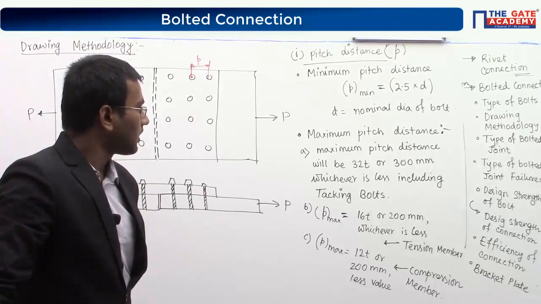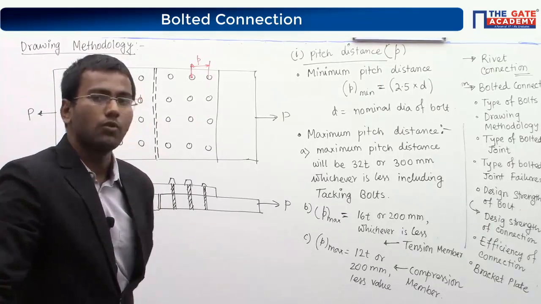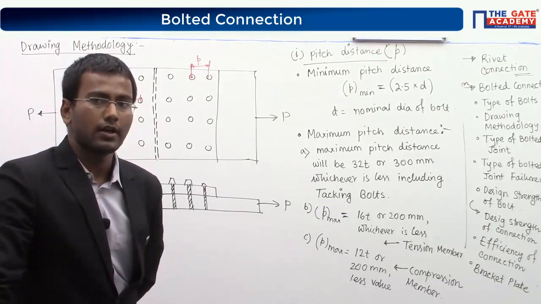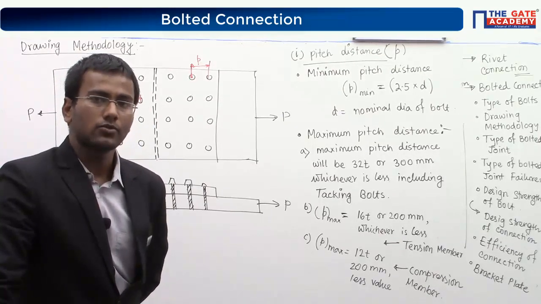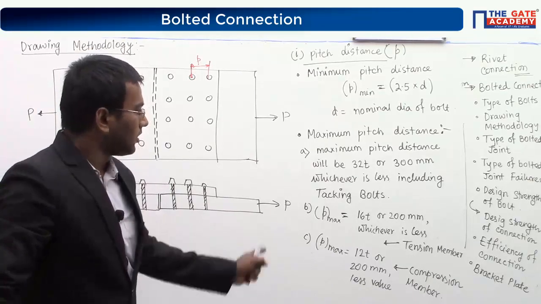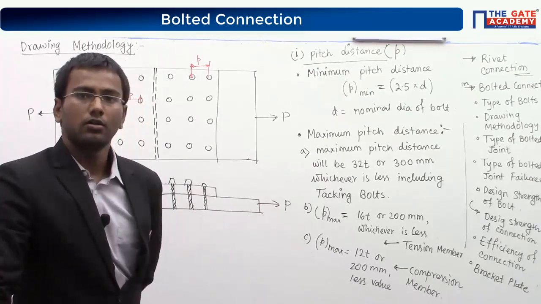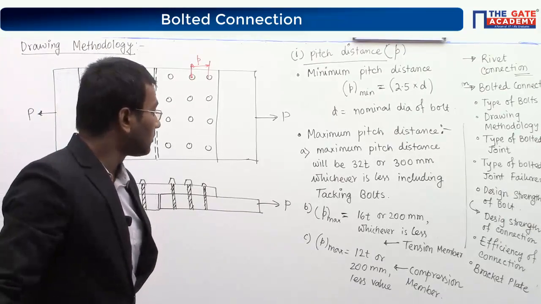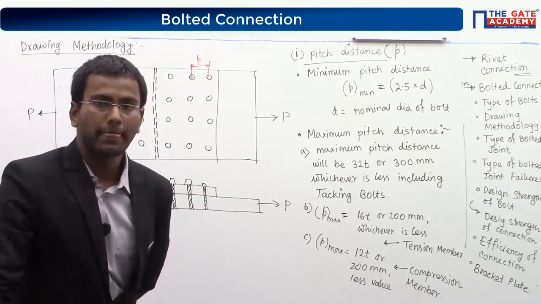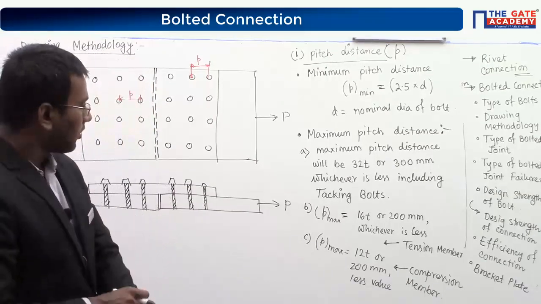So first one, general consideration, maximum pitch distance will be 32T or 300 mm, whichever is less, for including tacking bolts. Next one, for tension members, minimum value of 16T or 200 mm, and third one, minimum between 12T or 200 mm. Now sir, what is the meaning of T?